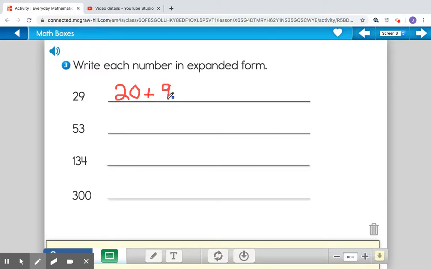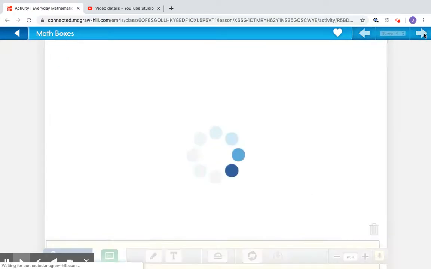So my number, 20 plus 9 equals 29. That is my number in expanded form. Now I want you guys to go ahead and practice doing number 53, 134, and 300.